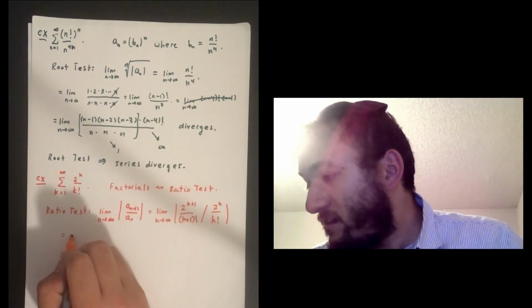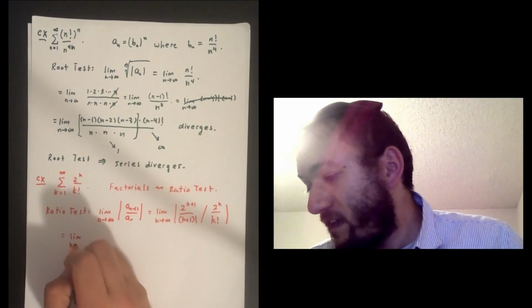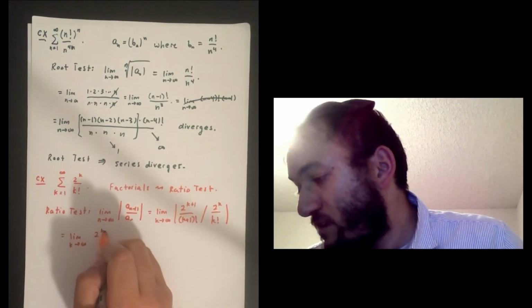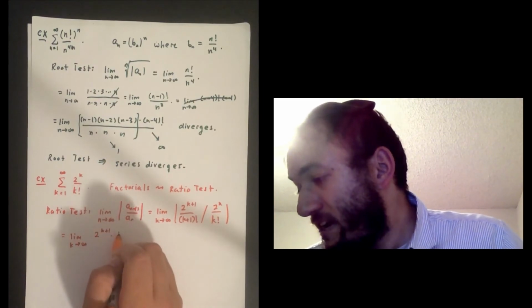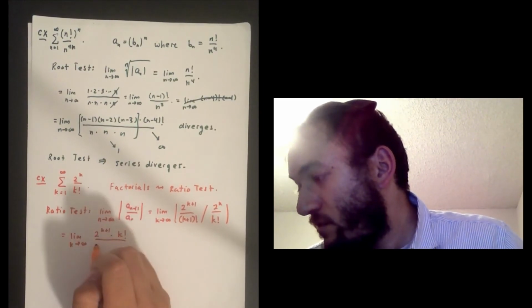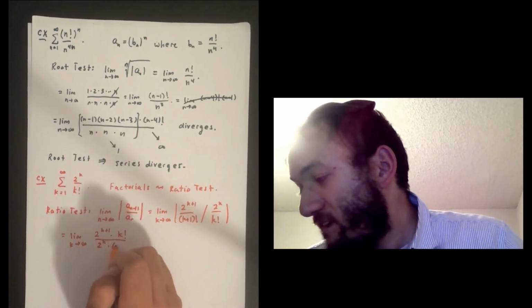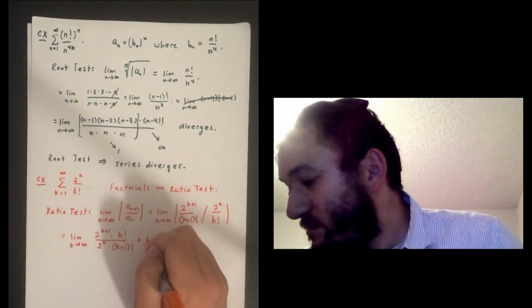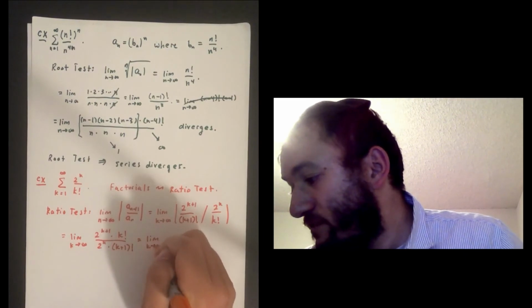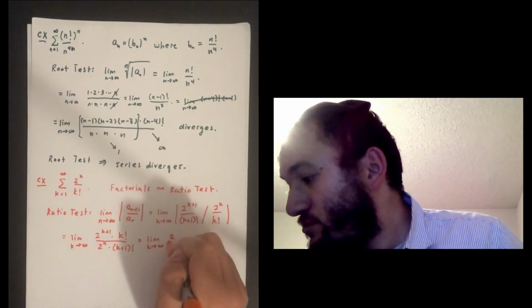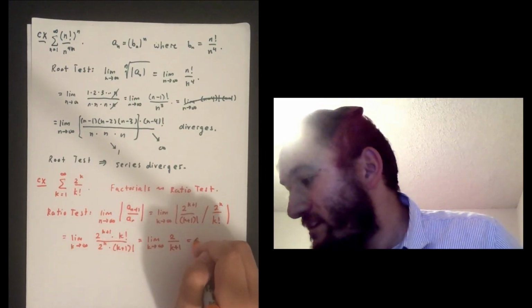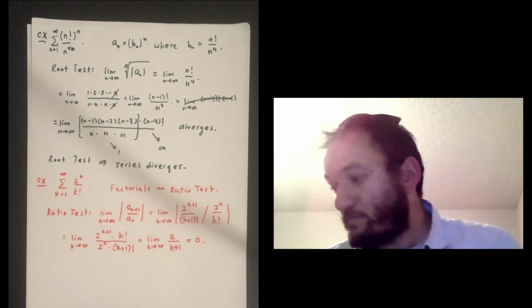So we get the limit as k goes to infinity of 2 to the k plus 1 times k factorial over 2 to the k times k plus 1 factorial. And this is equal to the limit as k goes to infinity of 2 divided by k plus 1. And that is plainly 0.